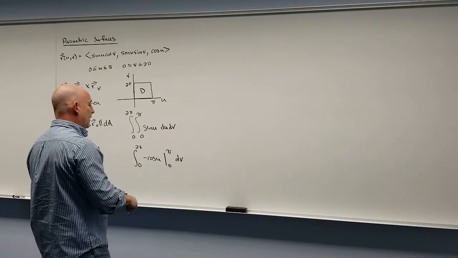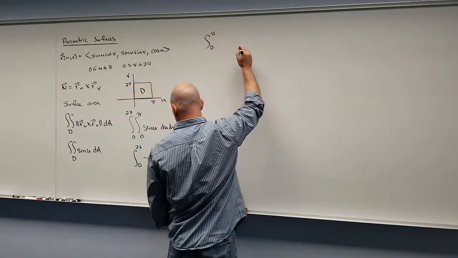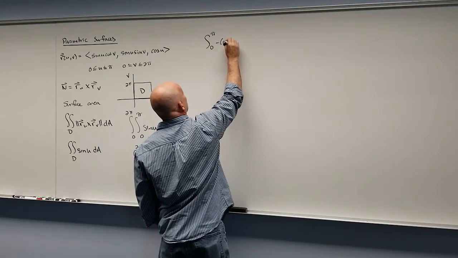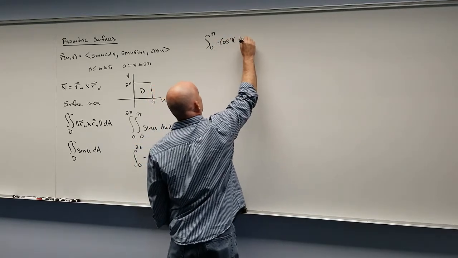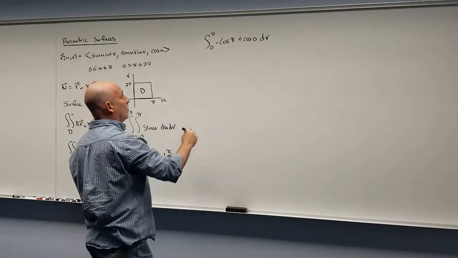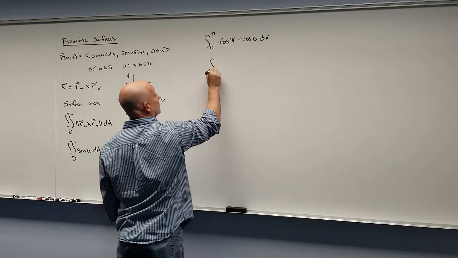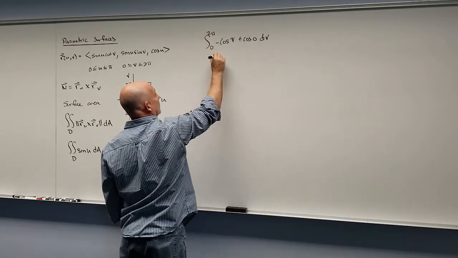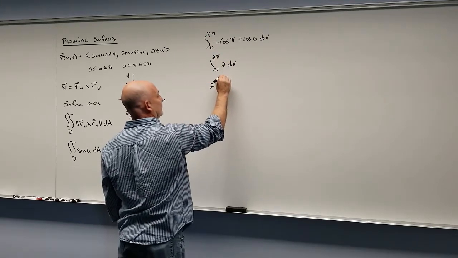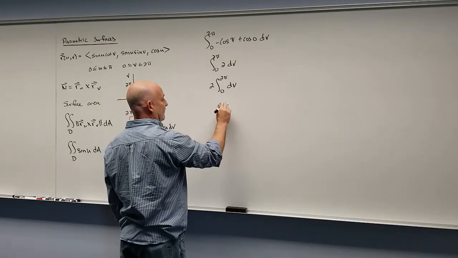Top endpoint minus the bottom endpoint, that gives me negative cosine of pi minus the cosine of 0. Cosine of pi is negative 1, so that's 1 plus 1, so this is just 2. The integral from 0 to 2 pi of 2 dv, or 2 times the integral from 0 to 2 pi. Of course, that's just 2 pi, so we have 4 pi.